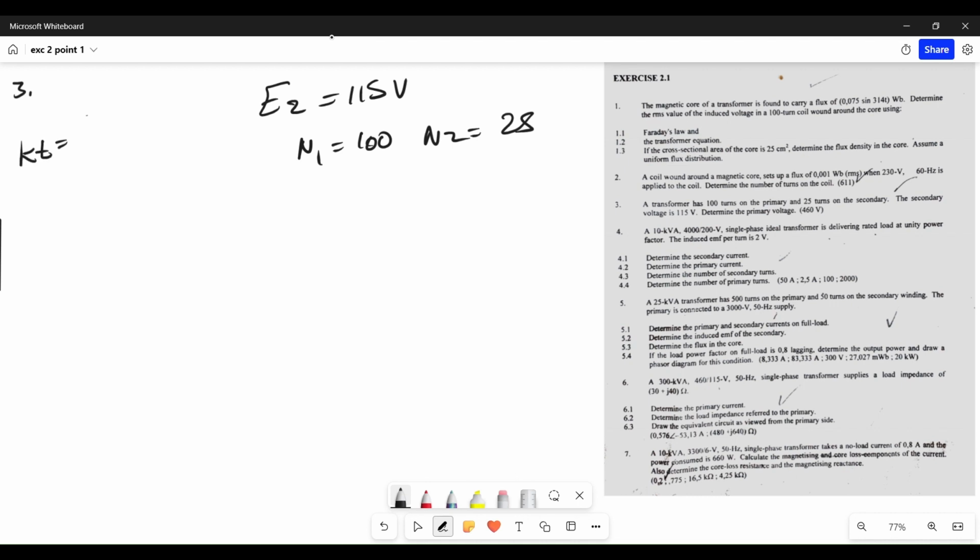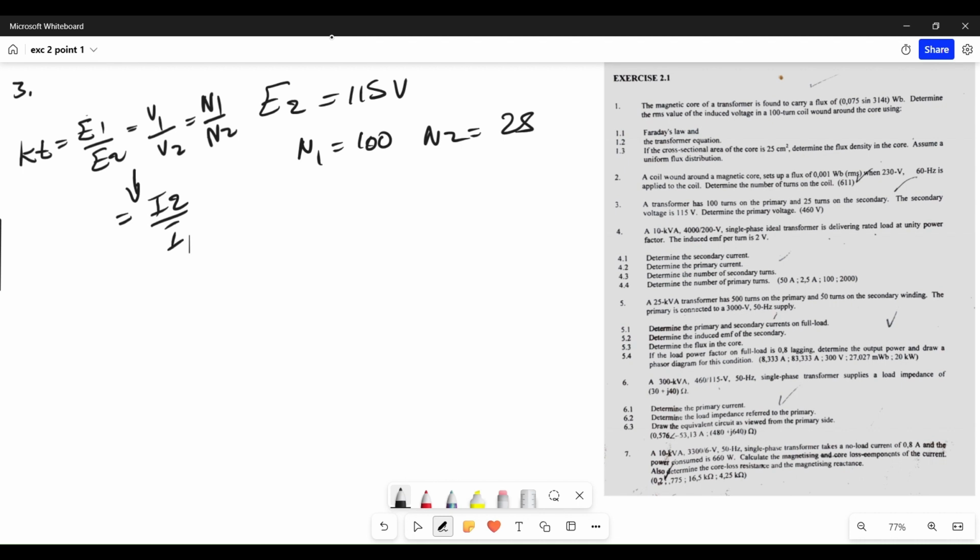The transformation ratio is known as E1 over E2 is equals to V1 over V2 is equals to N1 over N2, which is also equals to I2 over I1.